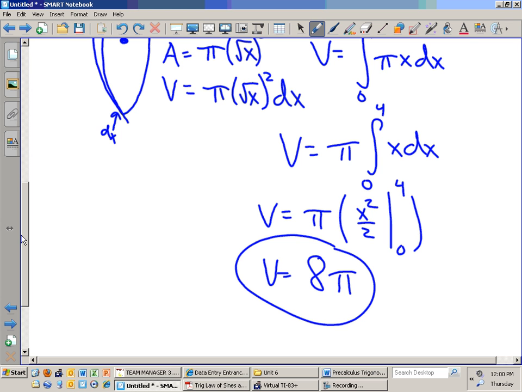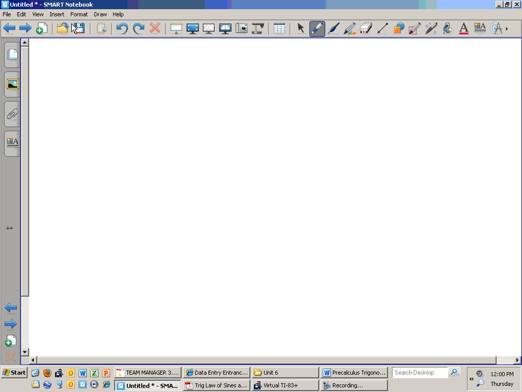Okay? So we will write the rule down, and this is what you need to know. Volume is equal to the integral from A to B of the area of an object times the width.